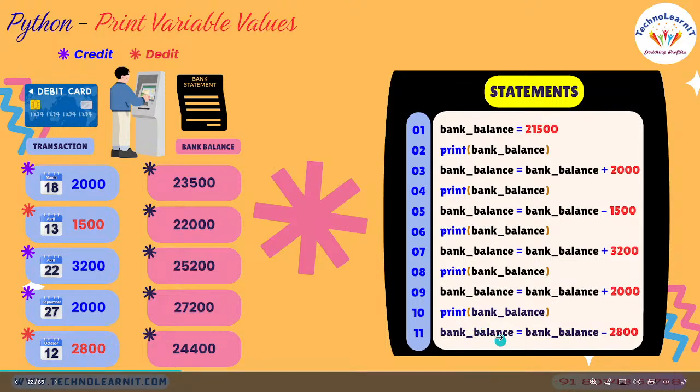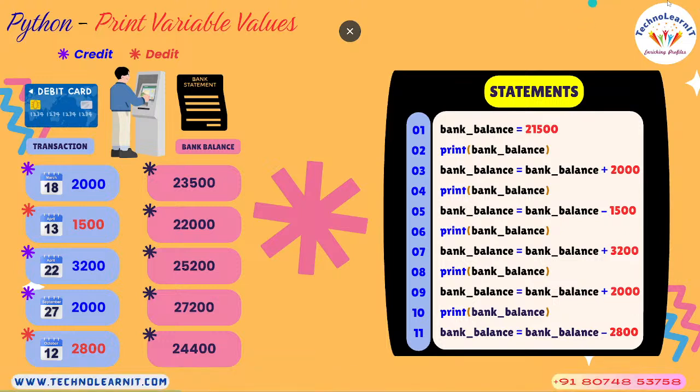If you once again print it, you will be getting 24,400. But if you don't print it, the value of the variable just remains as 24,400. This is how variables work in programming.